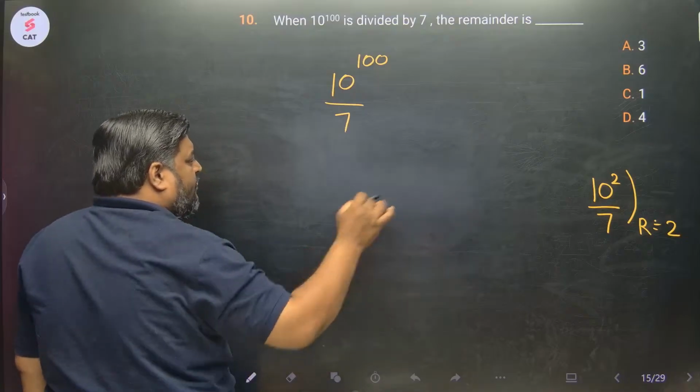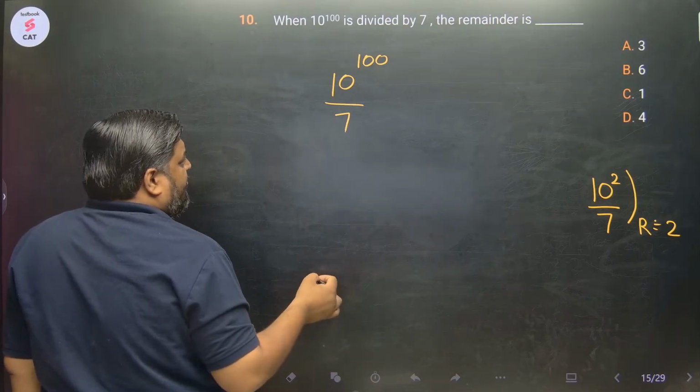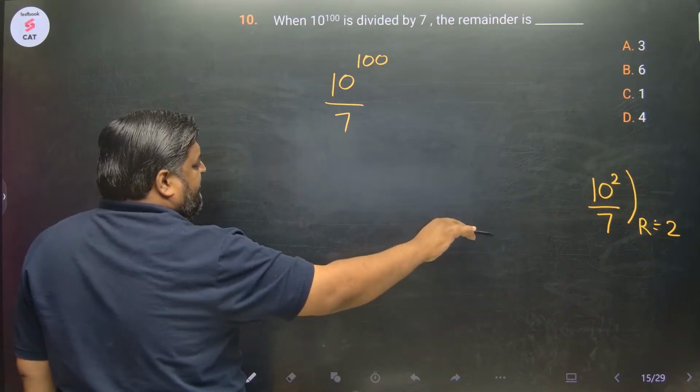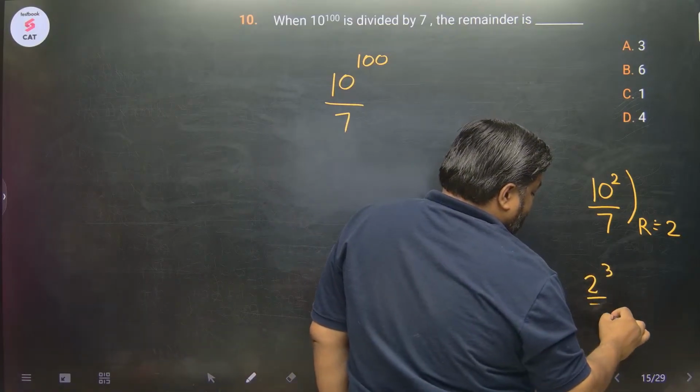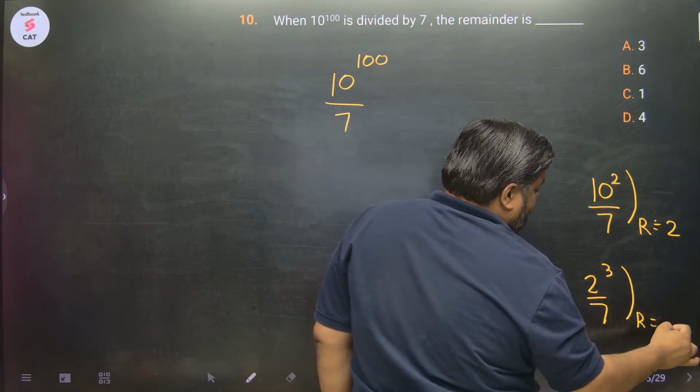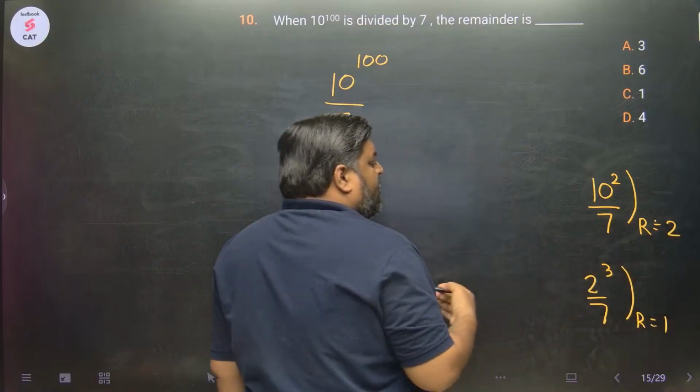So, ये मेरे लिए golden है. क्यों golden है? Because 2 cube when divided by 7, remainder is 1. तो ये मेरे लिए gold है, pure gold.